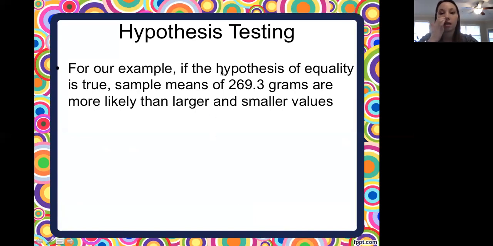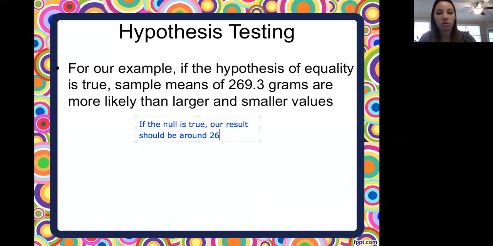So basically what that's saying is if the null hypothesis is true, our t-test result should be around this number. We should get something in this ballpark.